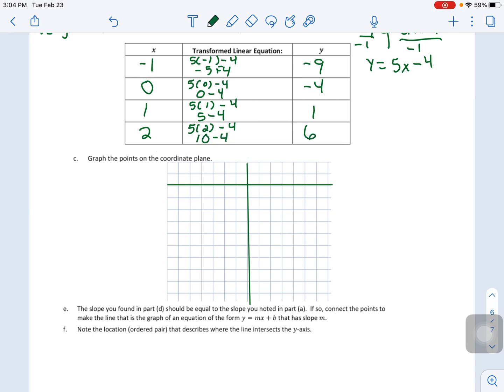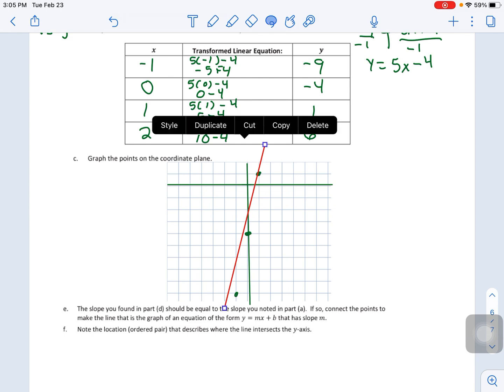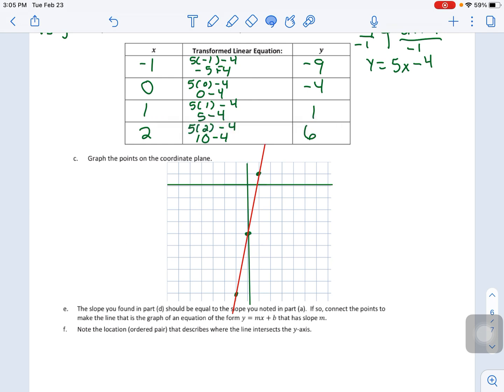Okay, so next we're gonna plug in negative 1, negative 9, 1, 2, 3, 4, 5, 6, 7, 8, 9, 0, negative 4, 1, 2, 3, 4, 1, 1. And unfortunately my 2, 6 won't fit, but we do have enough dots to create the line. So I'll connect. And I do need to adjust. That's why Notability is nice for that.